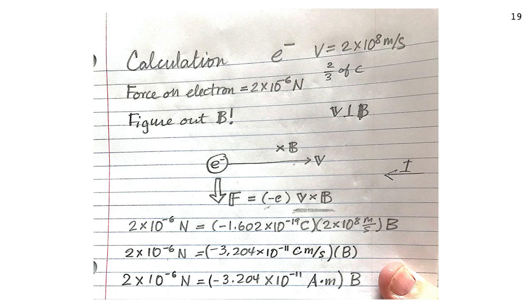The per second comes in from the velocity, but we also know coulomb per second is the same as an amp. So let's modify this. 2 times 10 to the minus 6 newtons equals negative 3.204 times 10 to the minus 11 ampere meter, and then times B.